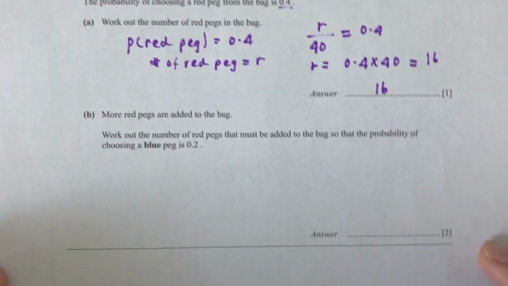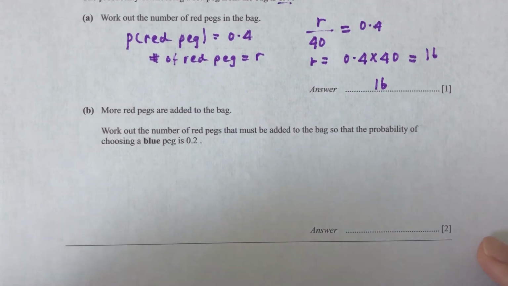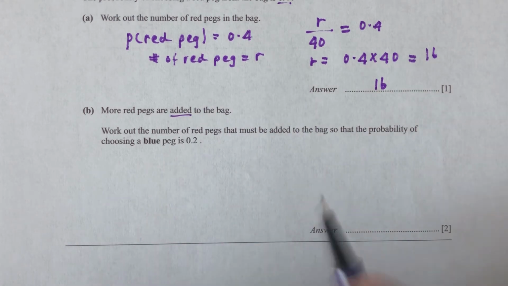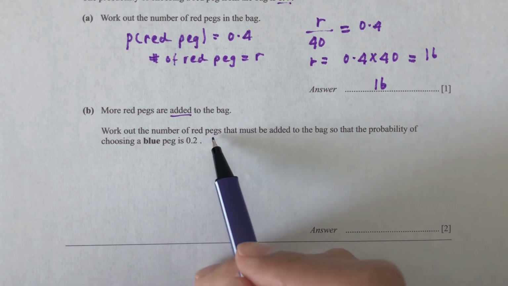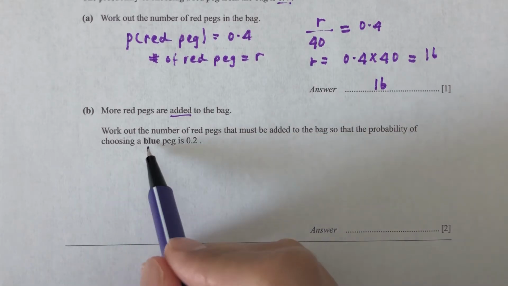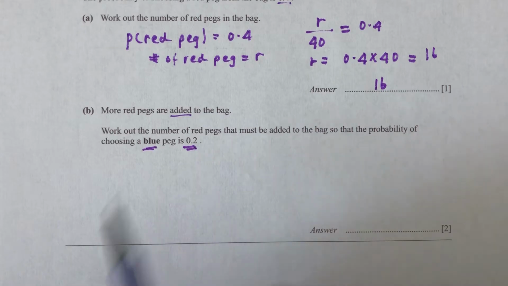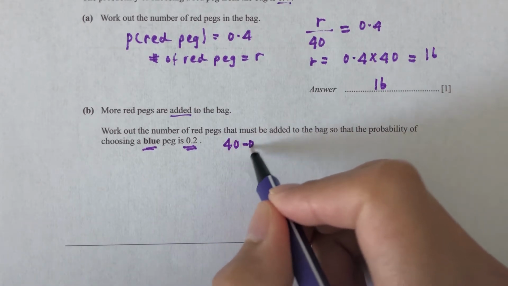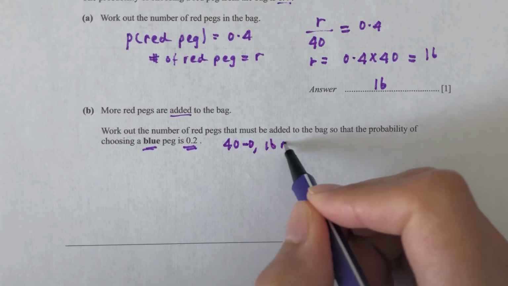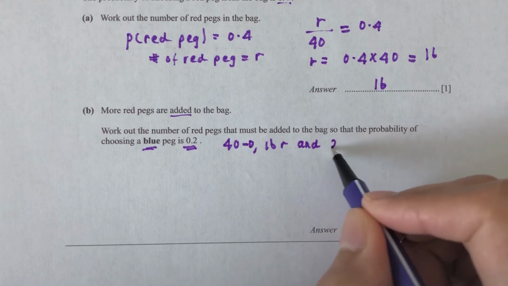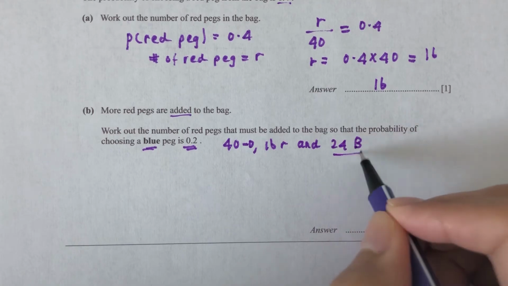Now moving on to part B, it says more red pegs are added to the bag. So we have more red pegs now. Work out the number of red pegs that must be added to the bag so the chance of choosing blue is 0.2. At first we had 40 as a total. There were 16 red, and 40 minus 16 is 24 blue, right?